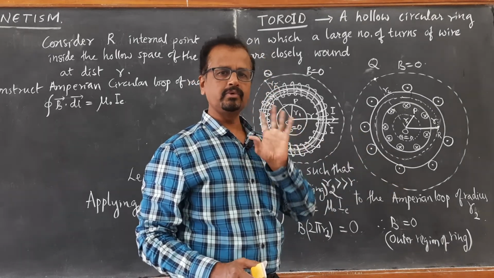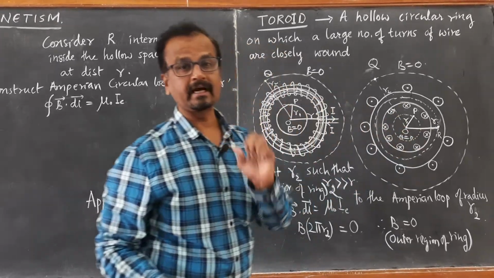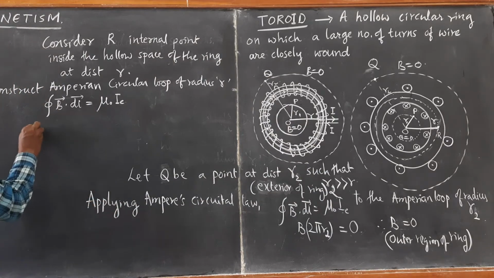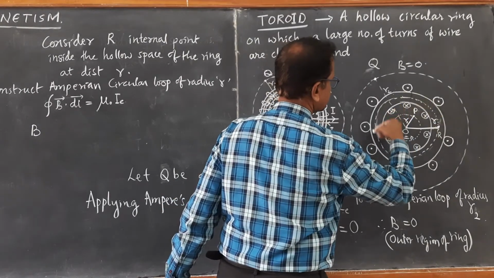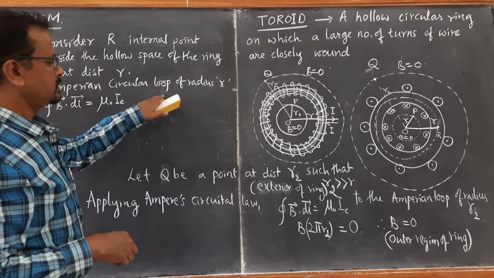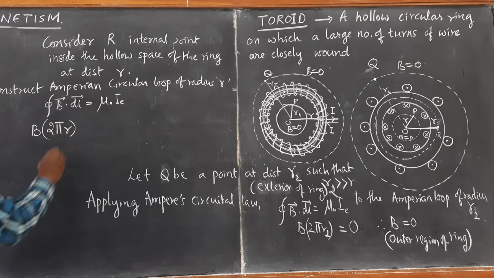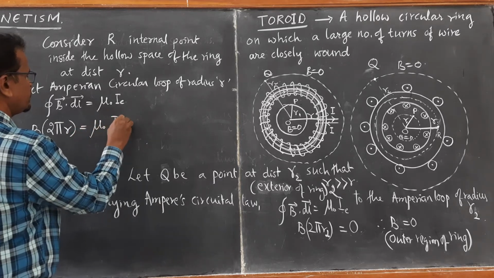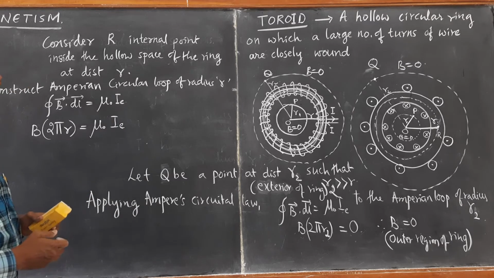Therefore, we need to calculate that current entering in. B dot dl gives you B into the circumference of this Amperian circular loop, that is 2 pi r, is equal to mu naught times IE, where I need to calculate the value of the current enclosed.